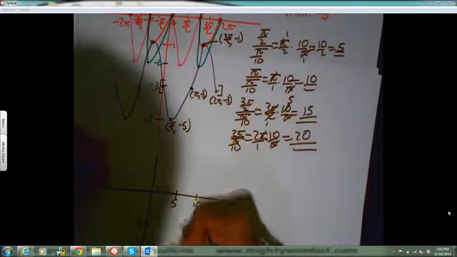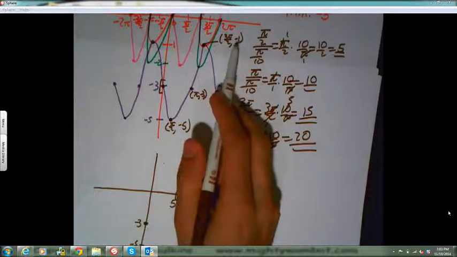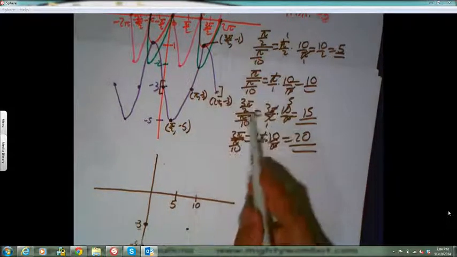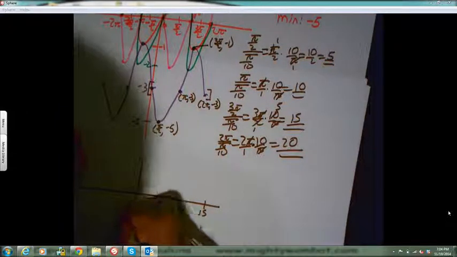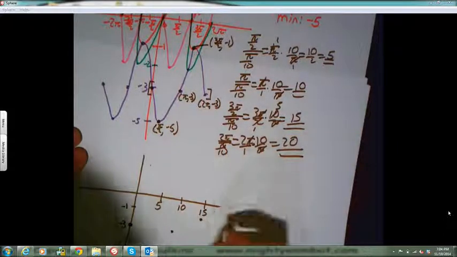Then we had 3 pi over 2, comma, negative 1. 3 pi over 2 after I divided by pi over 10, which remember, that was the Brown transformation, gives me 15, negative 1. And finally, 2 pi, comma, negative 3 becomes 20, negative 3. So down, up, down.